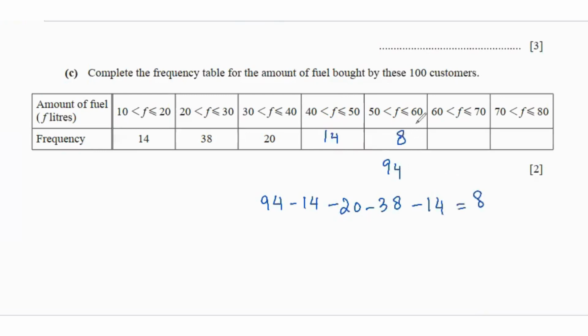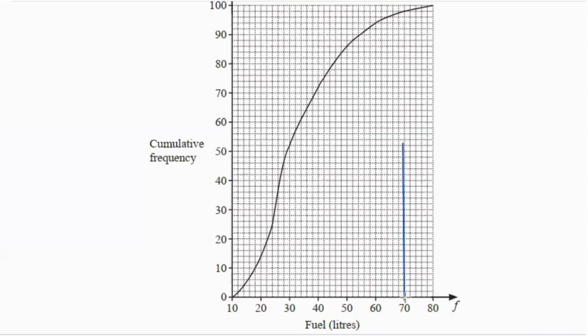So this is 8. Now we once again go back to our cumulative frequency graph and see what the cumulative frequency is at 70. At 70, that gives us 98.